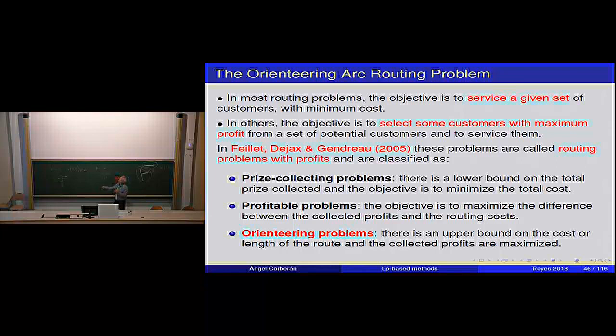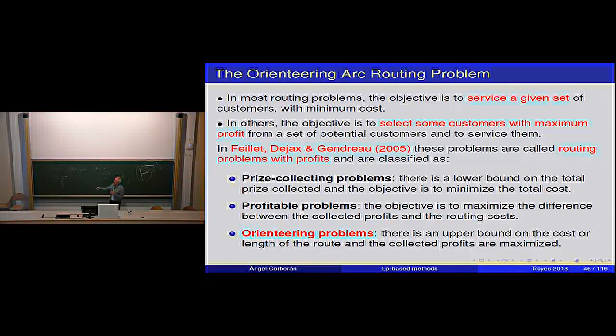But in other problems, the objective is to select some customers with maximum profit from a set of potential customers. Dominique, Pierre Dejean, and Michel Gendron, there are a lot of papers dealing with this kind of problems, but many of them call the problems in a different way. So these guys tried to put some order in this family of problems, and they made a classification.